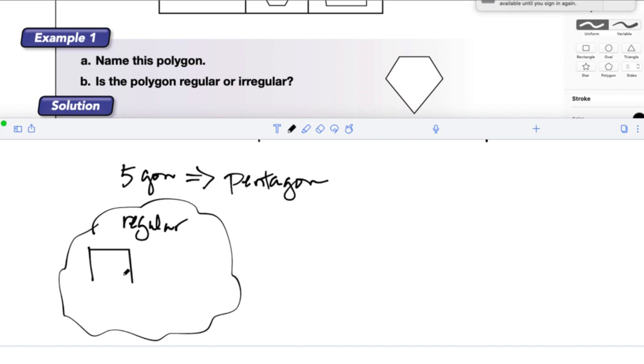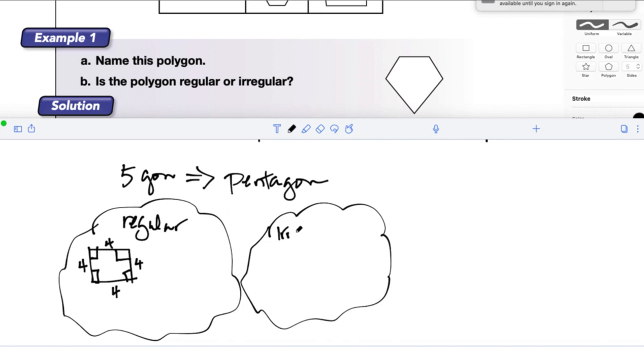A beautiful square would be a regular polygon because all of these angles are the same measure, 90 degrees, and all of the sides, let's say they were 4 inches long, would be the same. But an irregular polygon, let's say an irregular quadrilateral, would be one where that's not the case, where all the sides are not equal in length and all the angles are not the same. That doesn't even look like a side, it looks like a little crooked thing. Okay, so this would be an irregular quadrilateral.